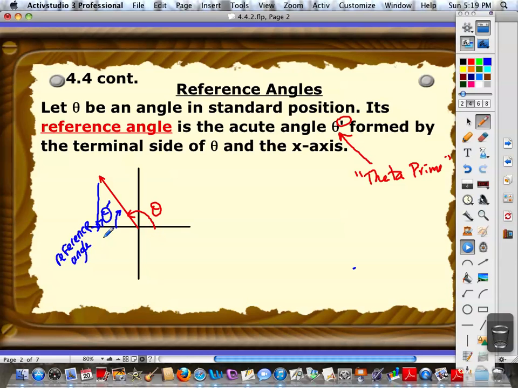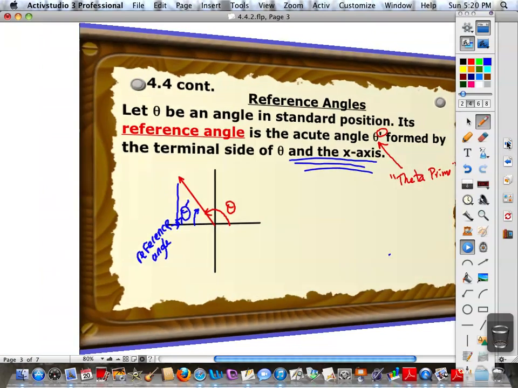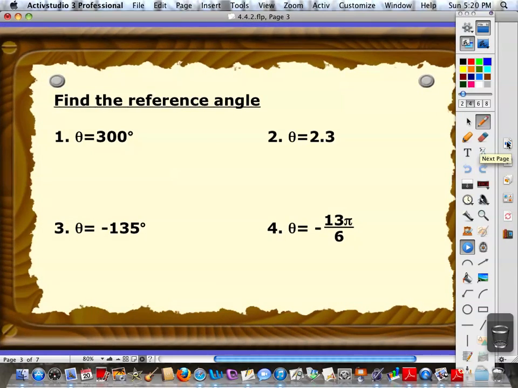So that's what we use those reference angles for. They're very important. They always go to the x-axis. That is so key. The reference angle is always formed with the terminal side and the x-axis, never the y.